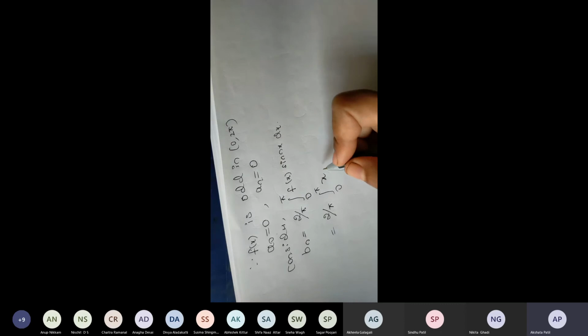So here we can write 2 by pi, 0 to pi, f of x is x, so x sin nx dx.